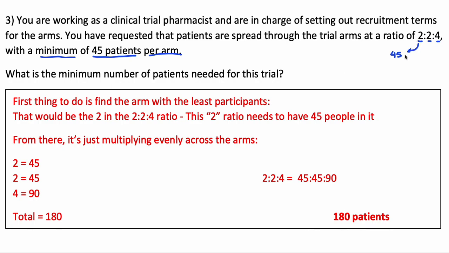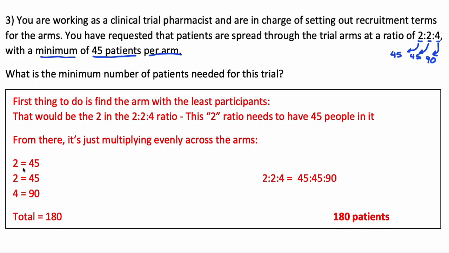Now remember, from here, all we're doing is multiplying by ratios. So if this has a minimum of 45, this will also have a minimum of 45. If this needs double the amount of these arms, because remember 4 is double of 2, the minimum number in this arm is 90 patients.